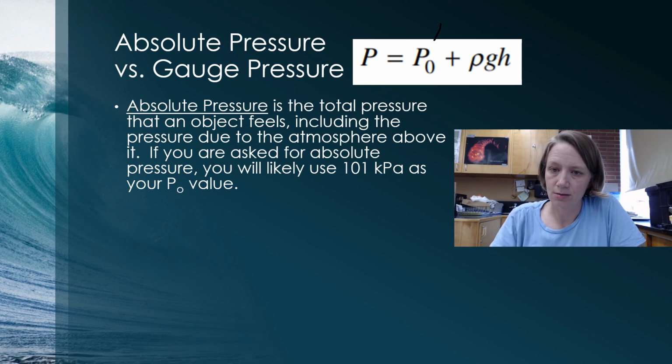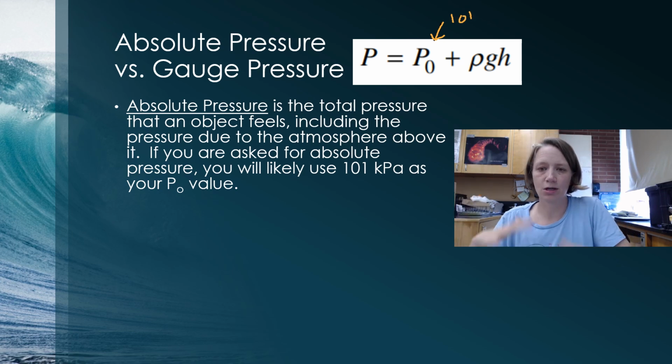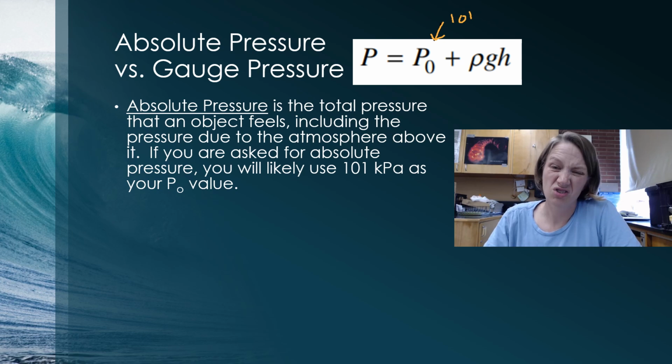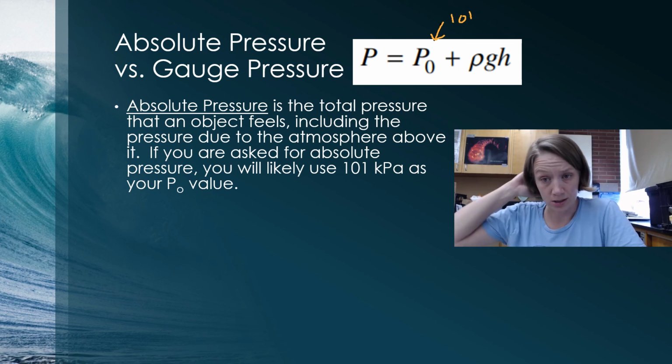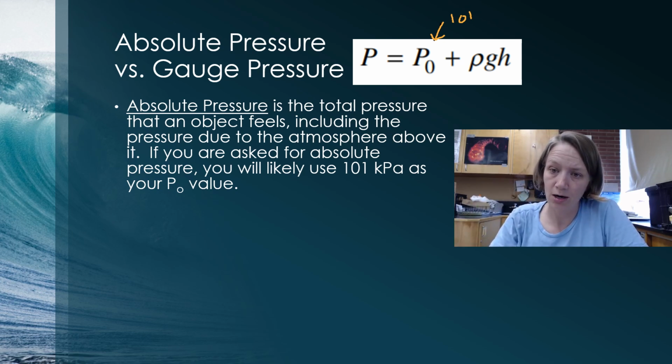That's because most objects on Earth have the atmosphere pushing in on them, plus whatever fluid you're concerned with in the problem, which is usually water. Usually these are things underwater. This is the pressure from the air, and then this would be the pressure from the water, and you would find P, your total pressure.